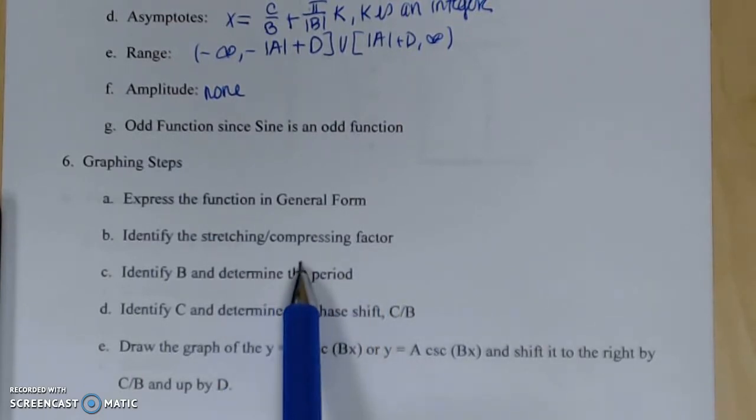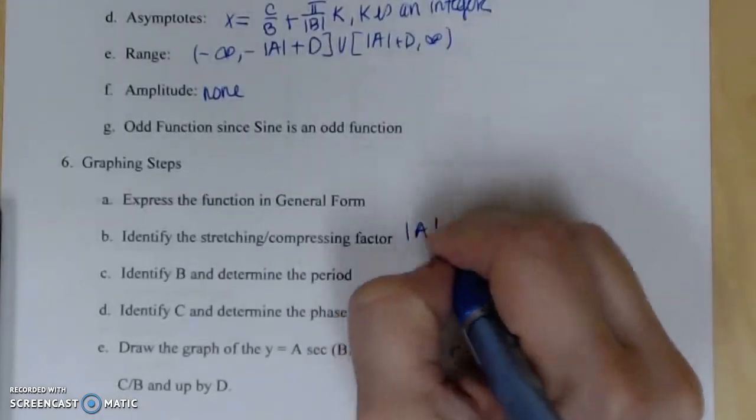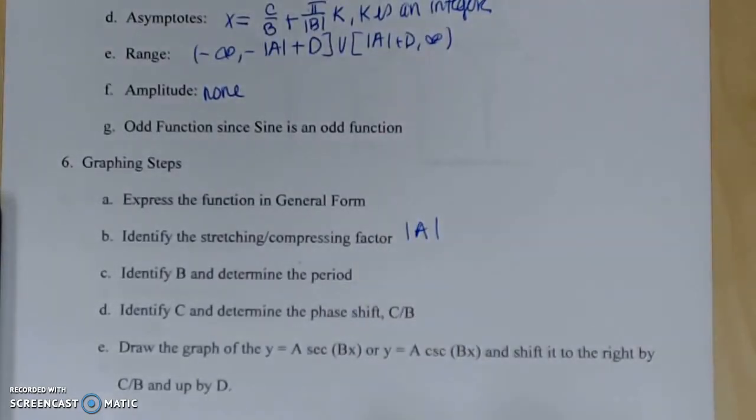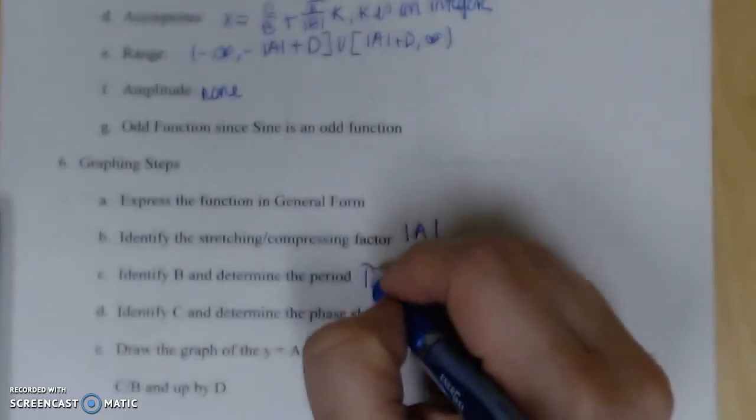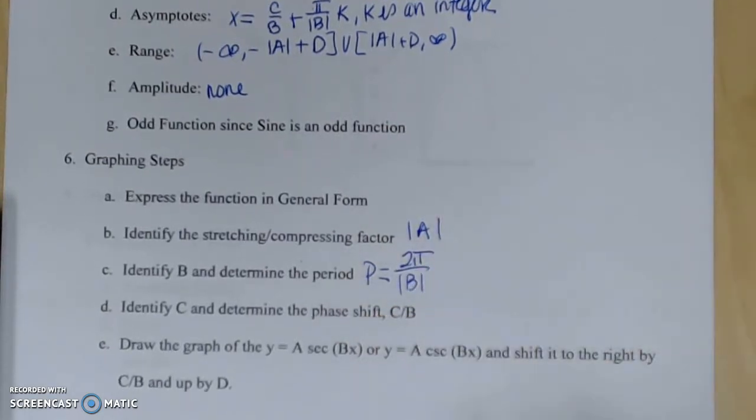Identify your stretching or compressing factor. So, figure out where is your absolute value of A. What is that? Because that's going to help you in determining where you're going to have those minimums and maximums on those parabolas you're drawing. Identify your B and determine the period. And remember, your period is equal to 2 pi over absolute value of B.